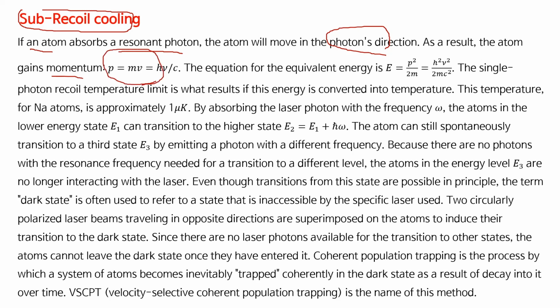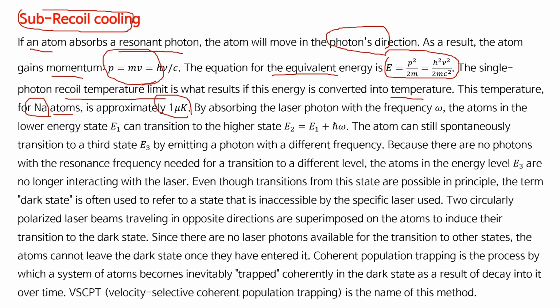The equation for the equivalent energy is given by this equation. The single photon recoil temperature limit is what results if this energy is converted to temperature. This temperature for sodium atoms is approximately 1 Kelvin. So this was already discussed in the previous slide.